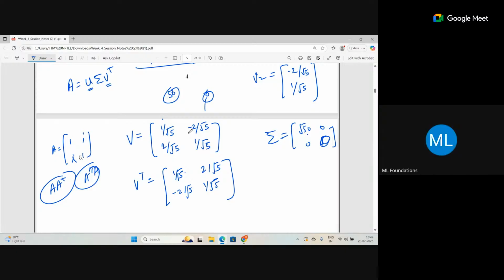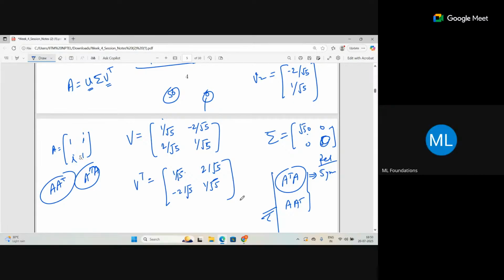Okay, 1 minute. Let me clear it out. So A transpose A is going to be a real symmetric matrix. A transpose is going to be a symmetric matrix. Now, if they are real symmetric matrices, then the eigenvectors corresponding to them are going to be orthogonal, right? Yes. That flow has to be there.